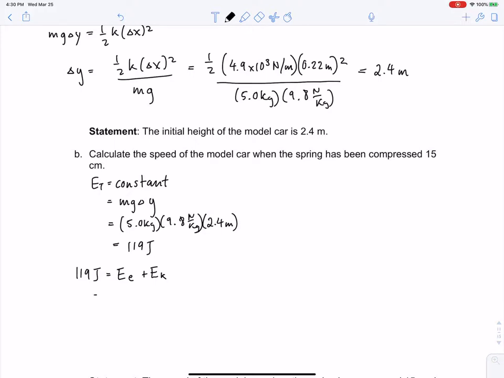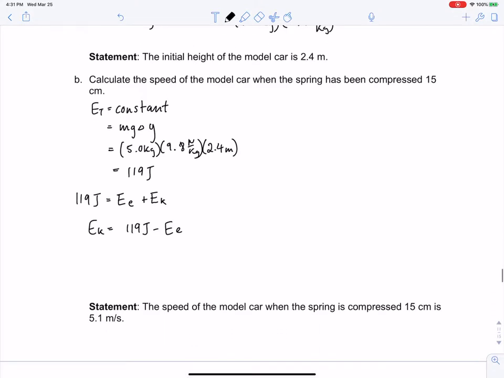So the kinetic energy is equal to 119 joules minus this residual elastic potential energy. We can sub the equations in. That's 1/2 mv squared is equal to 119 minus 1/2 k delta x squared. Let's solve this for v.